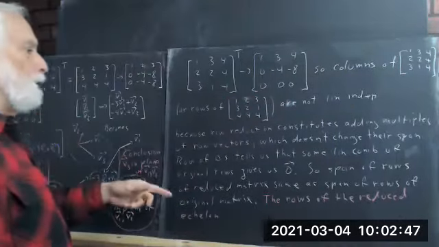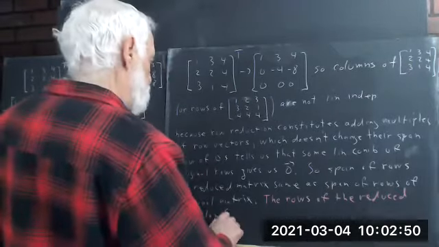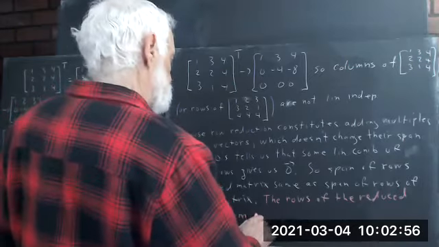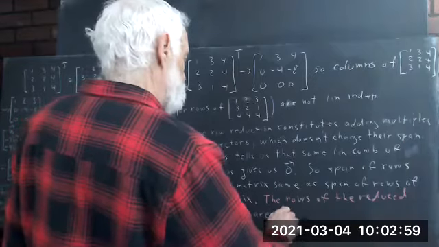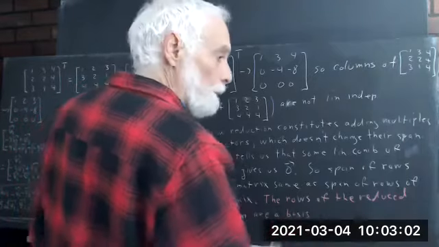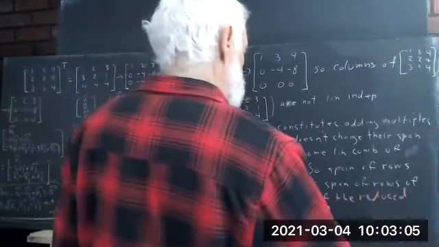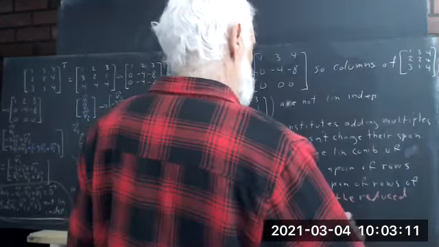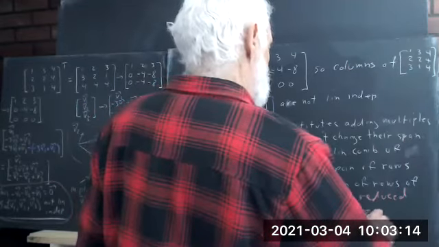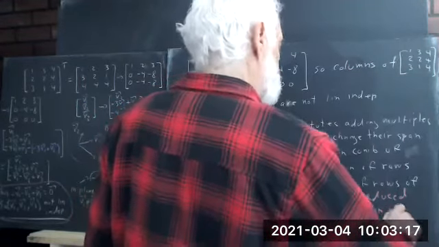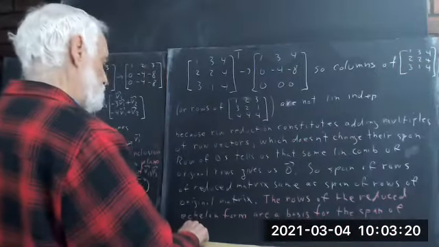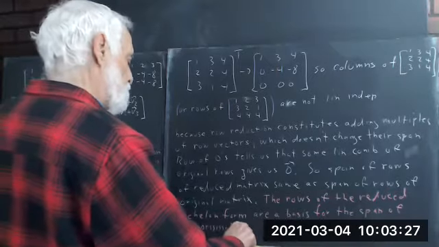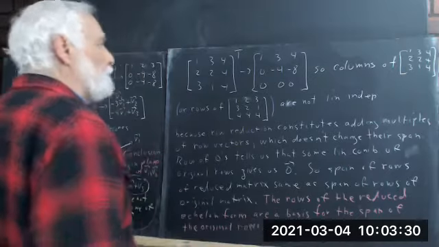Okay, so the rows of the reduced echelon form are a basis for the span of the original rows.